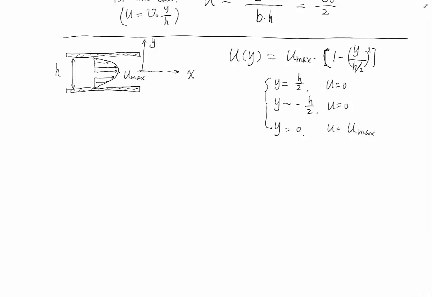So now we ask you, oh, by the way, the width of the plate is B. Now we ask the flow rate. If you don't specify it, it's going to be volumetric flow rate.